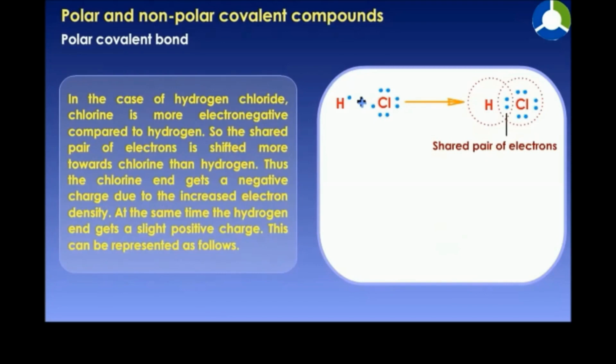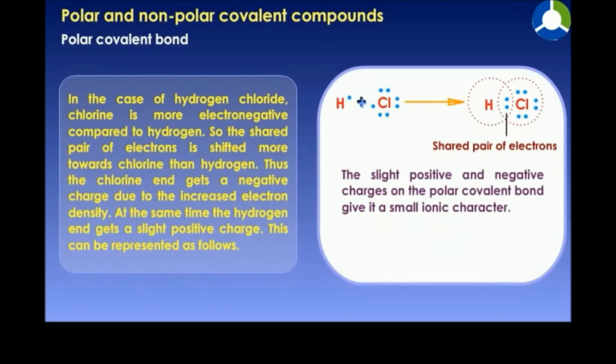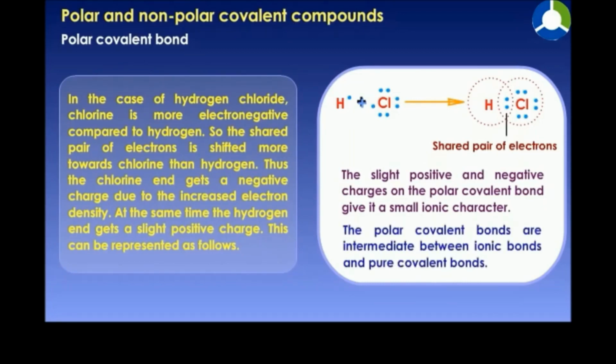This can be represented as follows. The slight positive and negative charges on the polar covalent bond give it a small ionic character. The polar covalent bonds are intermediate between ionic bonds and pure covalent bonds.